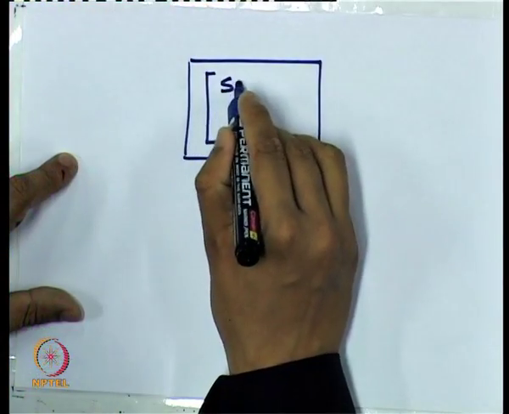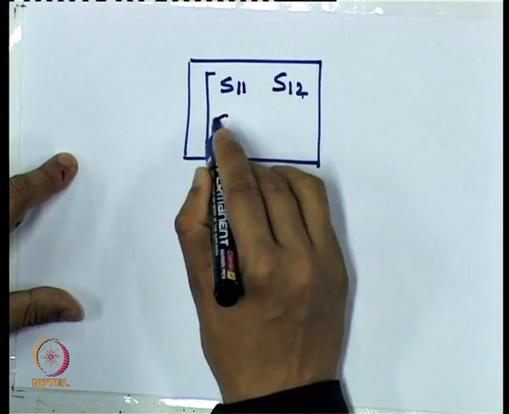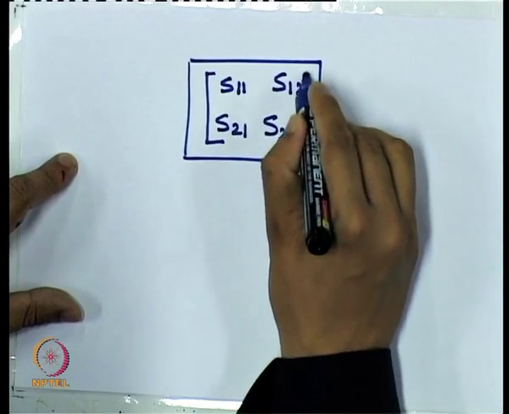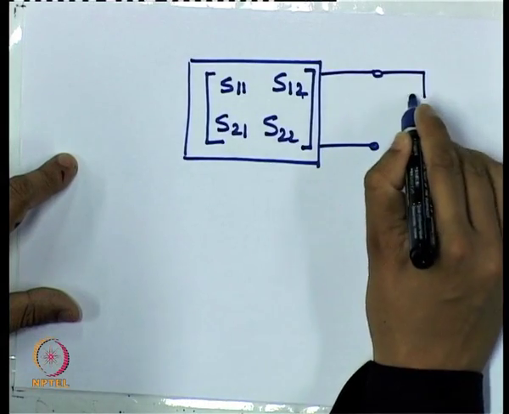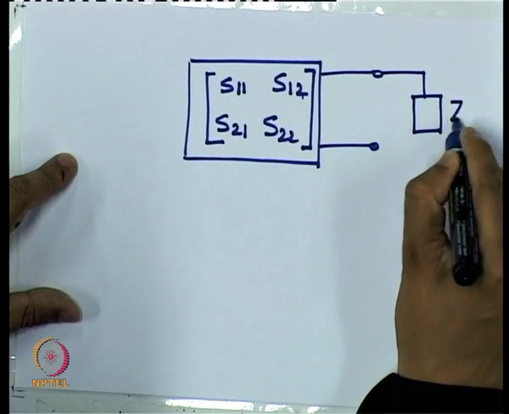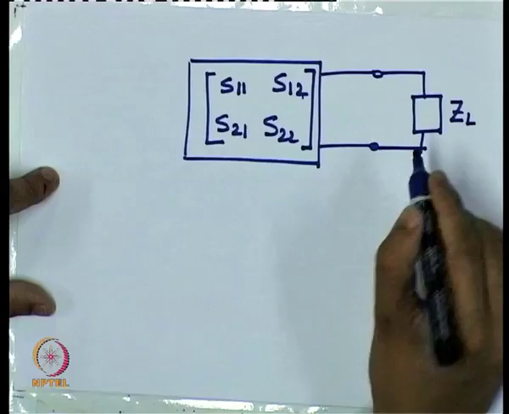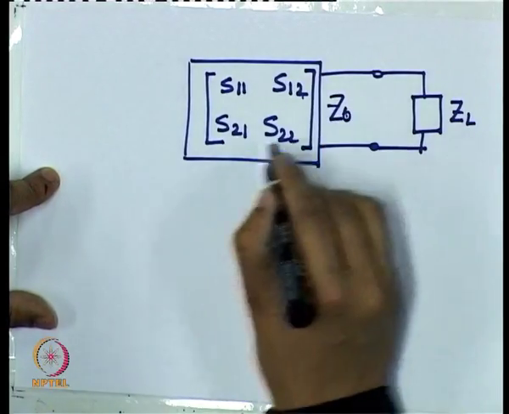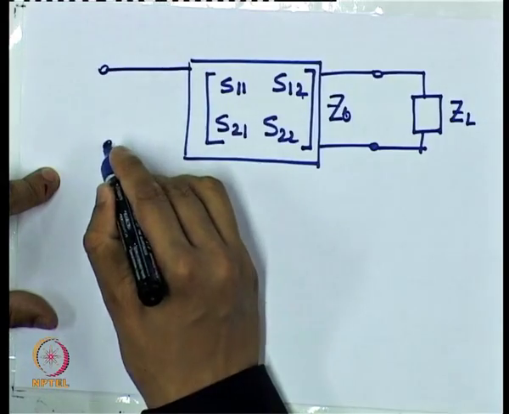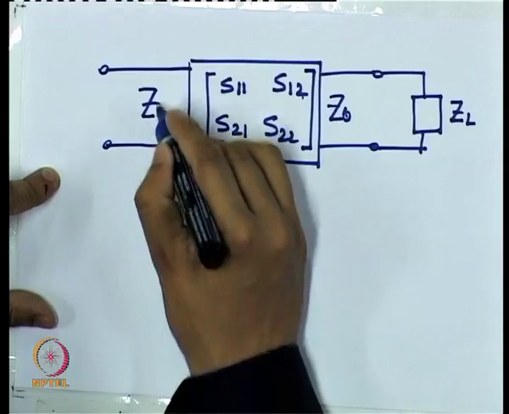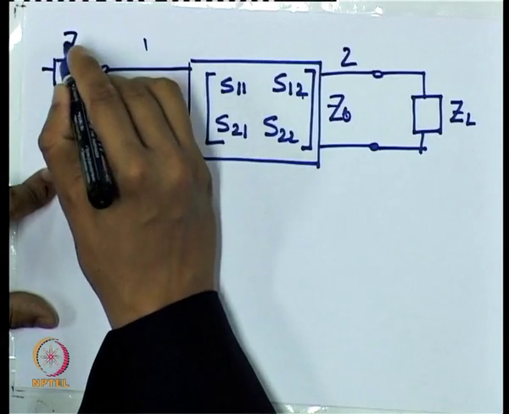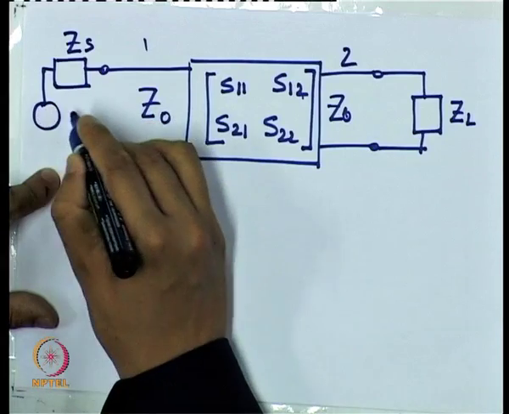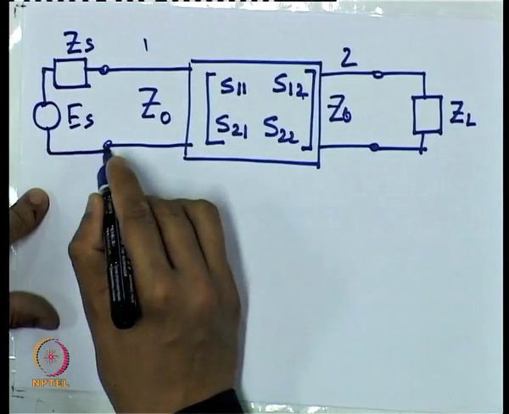So the circuit diagram for that, let us say Z0 is the characteristic impedance at both port 1 and port 2 of this network. ES is the source voltage.